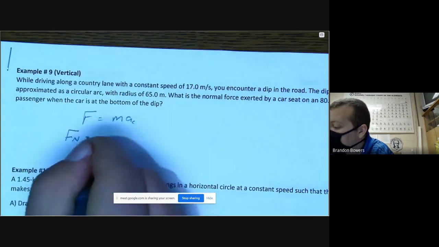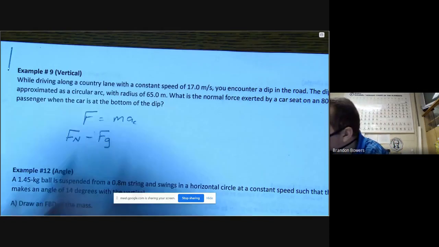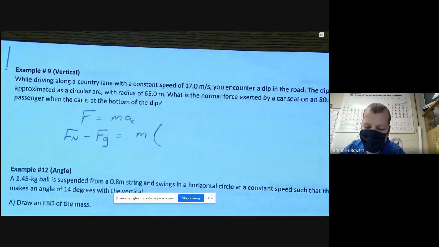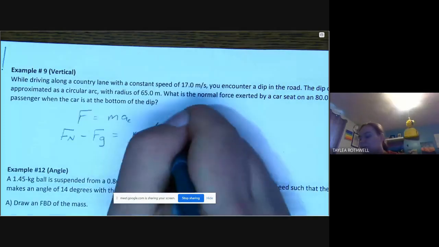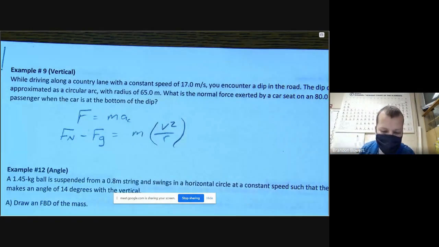Force normal and gravity is equal to mass. What's my centripetal acceleration equation? Velocity squared over radius. Very good.